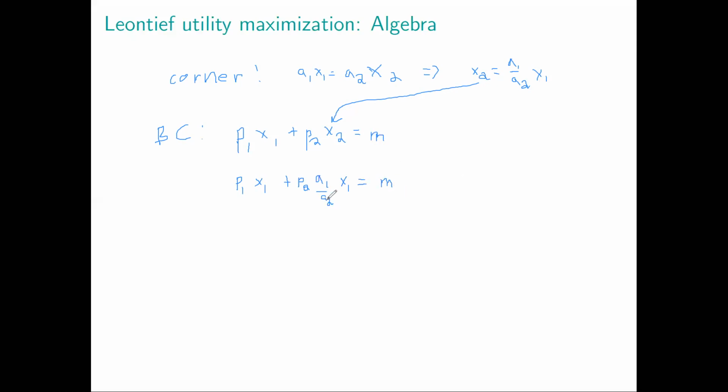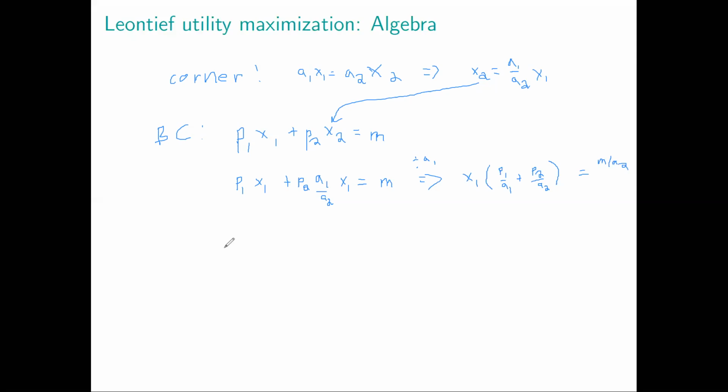A nice way to do things here is we like to keep the coefficients of each good together. So here we'll separate this out into X1 times P1 over A1, and this happens by dividing both sides by A1, plus P2 over A2 equals M over A2.